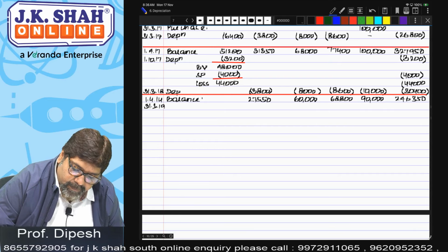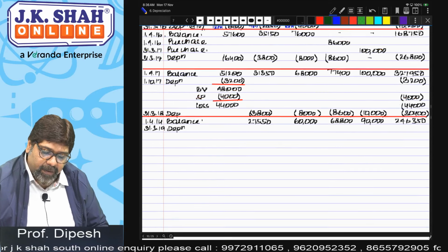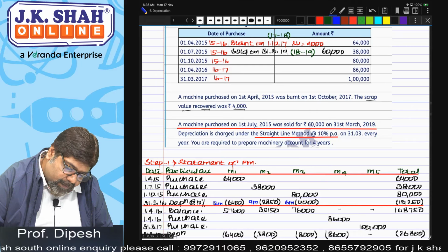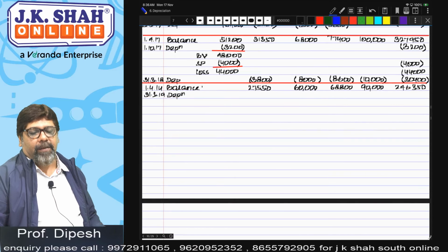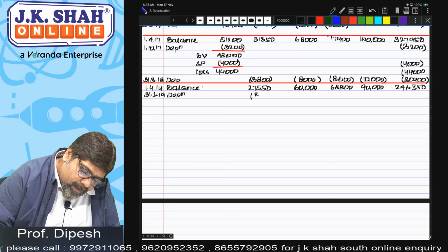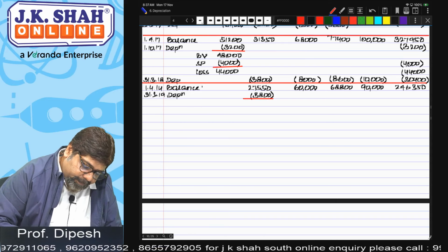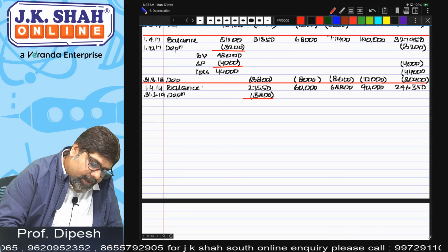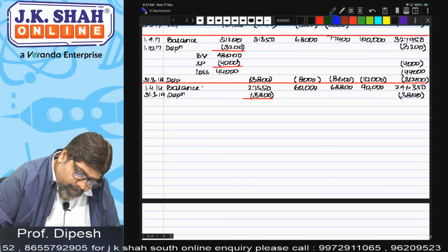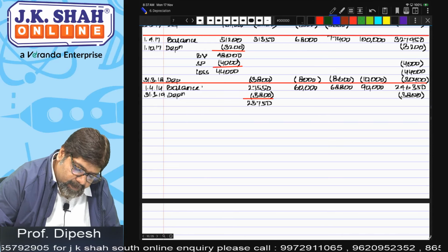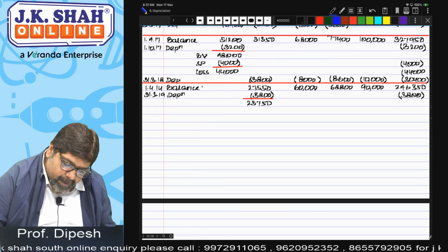31st March 19, depreciation. Why 31st of March 19? Because the machine purchased on 1st July was sold on 31st March 19, so at the end of the year it was sold. You are supposed to charge full depreciation on machine 2. Full depreciation is 3,800. Correct. So you will be left with 237.50, that is the book value.